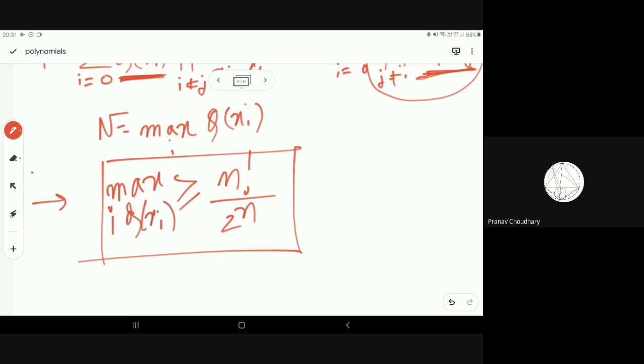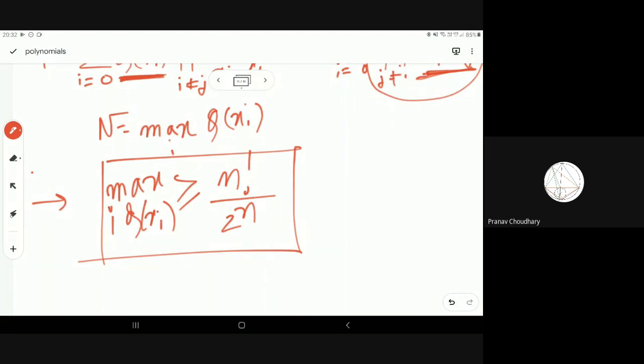So this basically tells you that no matter how you choose n plus one integer values, you can always find one integer value at which q of x has a relatively large value. Like n factorial by 2 to the n is some value, and if you pick n plus one integers, you can always ensure that there is an integer amongst them such that the q value of that is more than n factorial by 2 to the n, right?